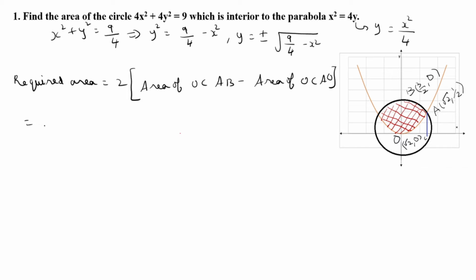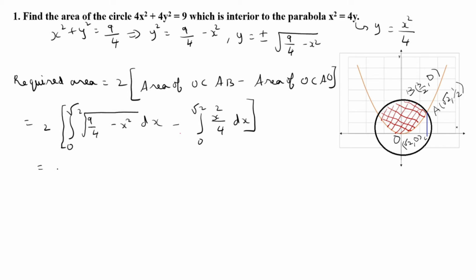So this is equal to 2 times integral 0 to root 2 root of 9 by 4 minus x square dx minus integral 0 to root 2 x square by 4 dx.